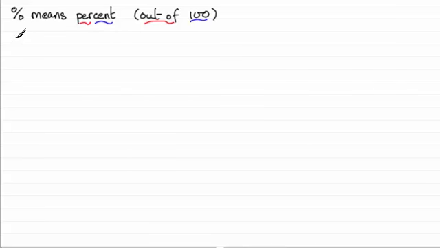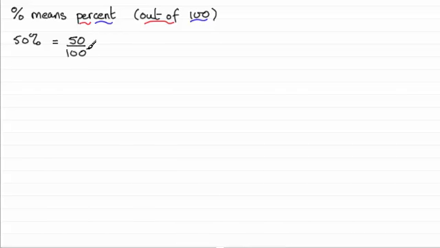So if I had, say, 50%, this is a very common percentage. You might even know what it is without understanding percentages because you've heard it used so much. It's essentially half, because 50% is 50 out of 100.